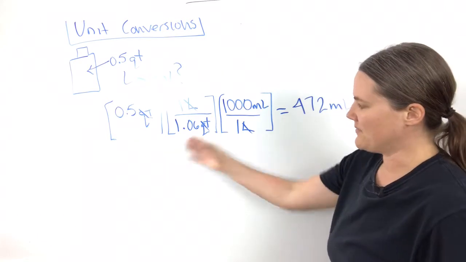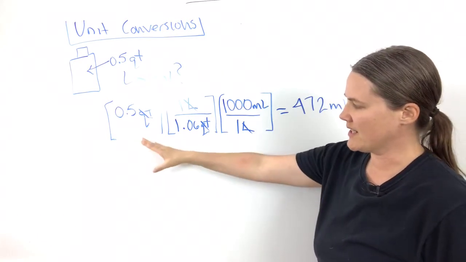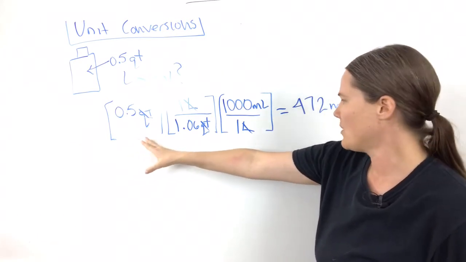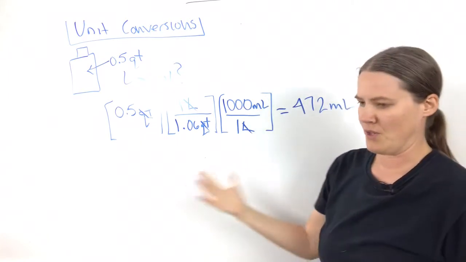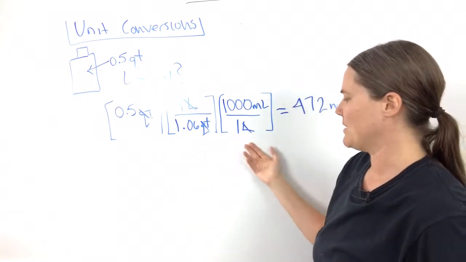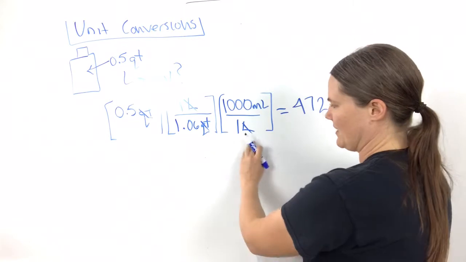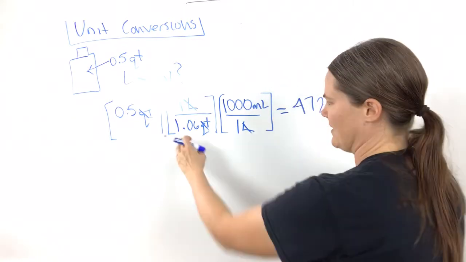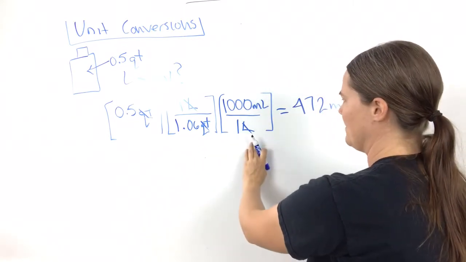So like I said, there's a few different ways you can do this. You could get the conversion directly from quart to milliliter from Google and do this in 1 step, or you can do the 2 steps like I did and go from quart to liter to milliliter.